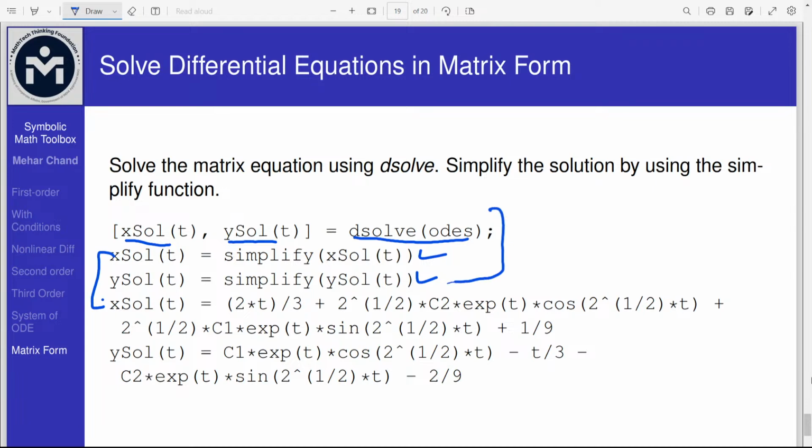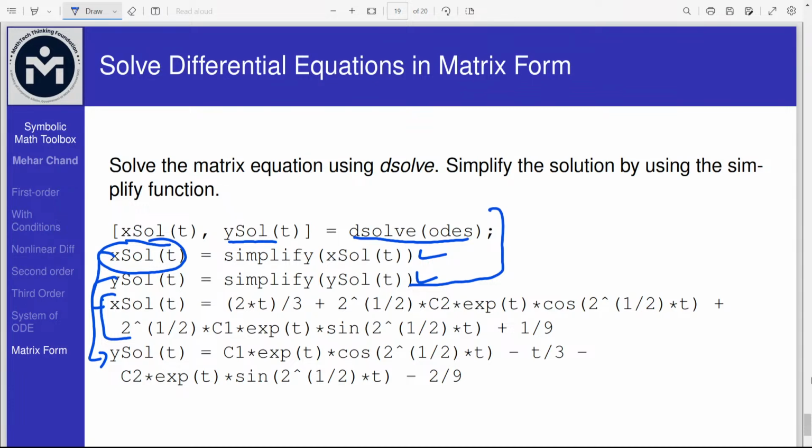These are the codes, these are the inputs, and these are the outputs. So the value of x(t) will be returned at this place, and the value of y(t) will be returned at this place.